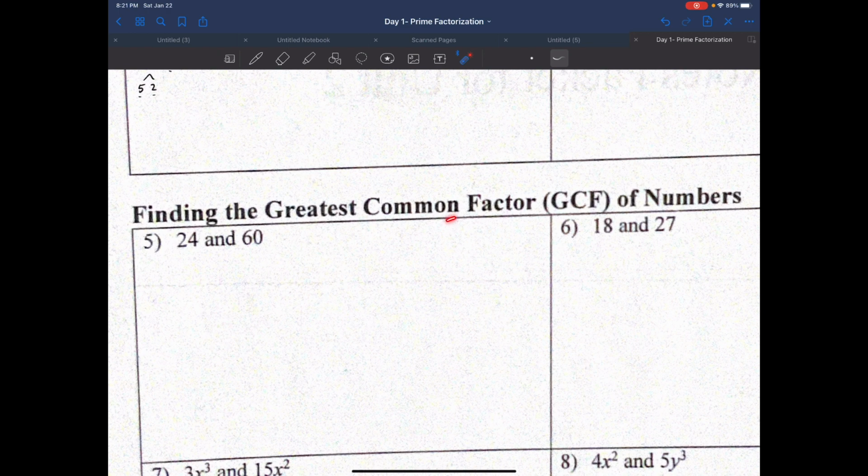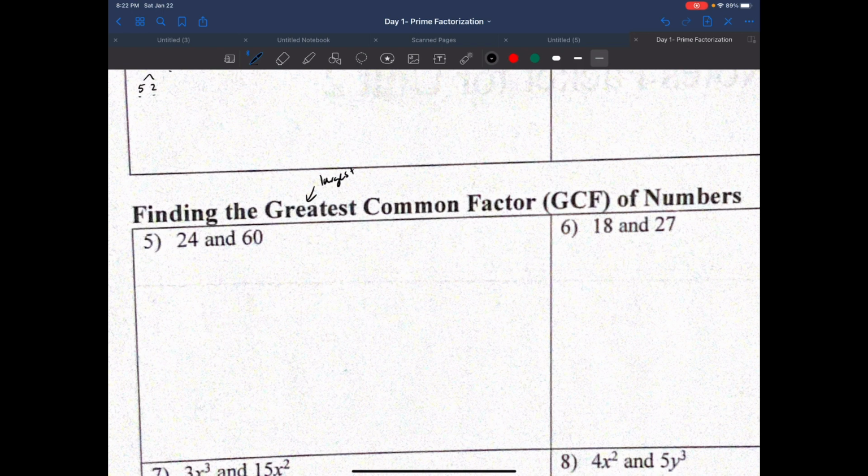And we know what the word common is, something that one thing and another thing share. Like, what do they have in common? And later on, I'm going to figure out what the greatest common factor is. Greatest means the largest out of whatever I'm dealing with.